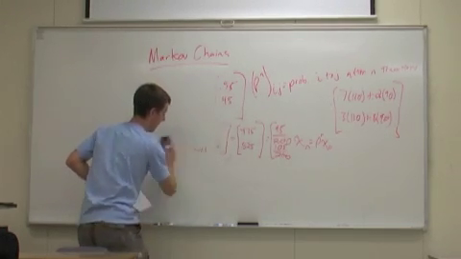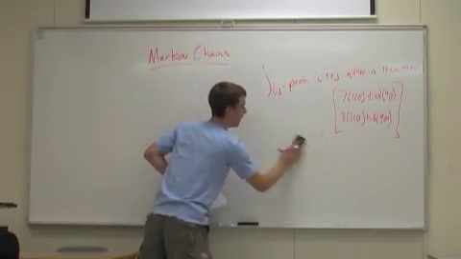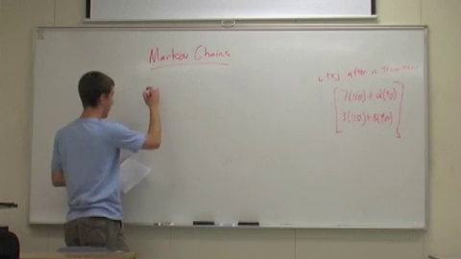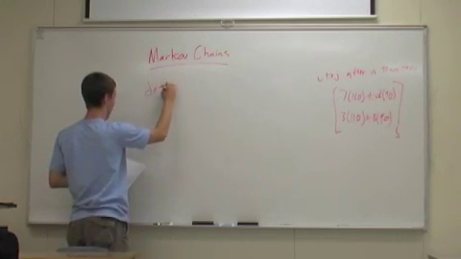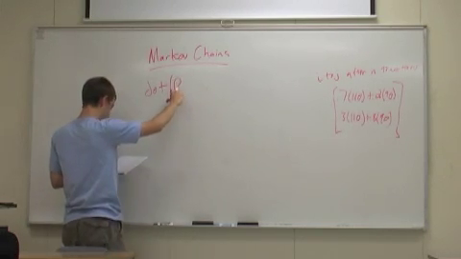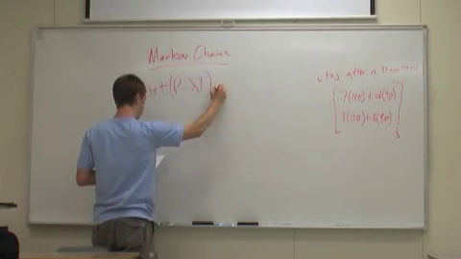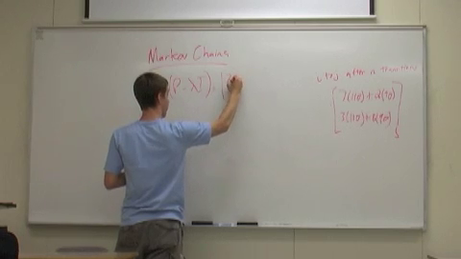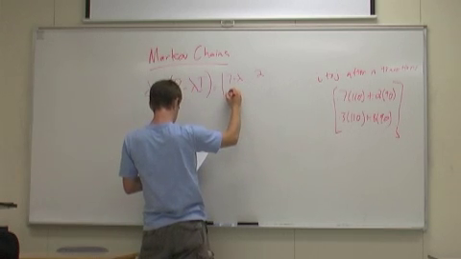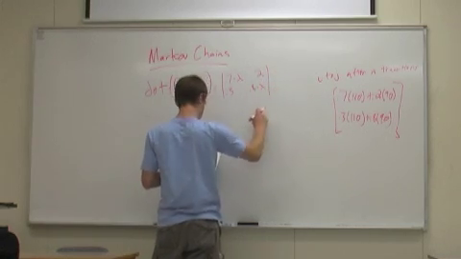Anyway, so finding the steady state, we're actually going to have to use some eigenvalues, and the fact that there's an eigenvalue of 1. So you're going to need all the eigenvalues. Take the determinant of the transition matrix minus lambda I, and you get 0.7 minus lambda, 0.2, 0.3, and 0.8 minus lambda.